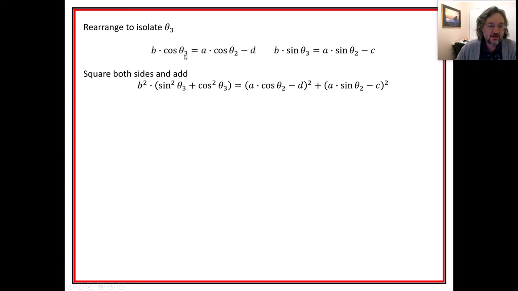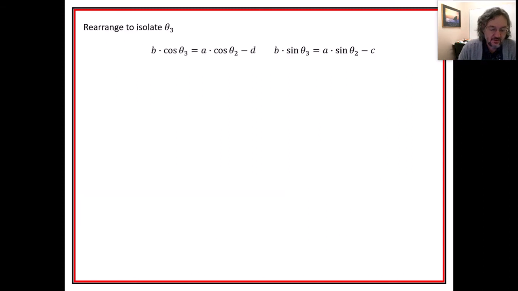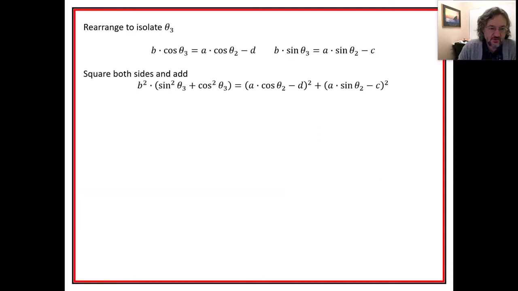But you can see what we've done here. We squared this one, squared that one. What we're really trying to do, let me go back to this right here, is turn that into equal to 1. So that's what we're doing there.